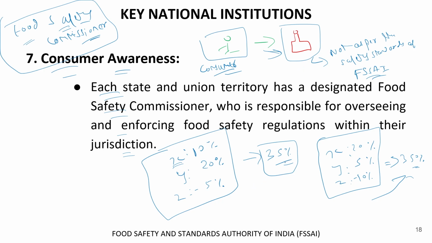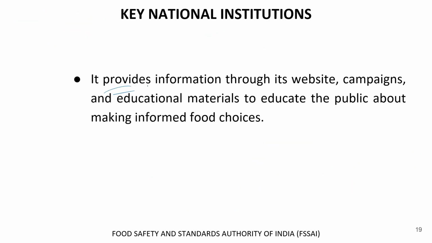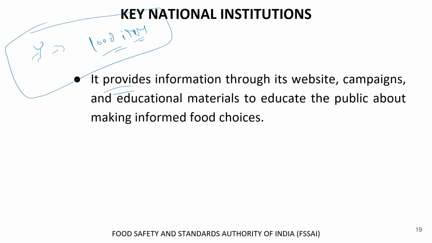He also ensures the consumers who are buying are aware of this. It provides information through its website, campaigns, and educational materials to educate the people about making informed food choices. It means that the consumer who is going to buy food items must be aware about the percentage and their breakage and other food safety instructions. And this could be done through the website, the campaigns, the educational materials.